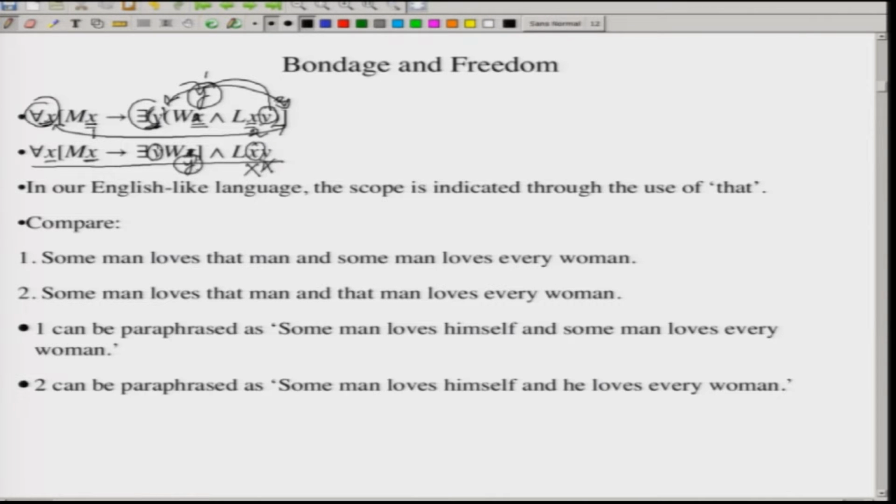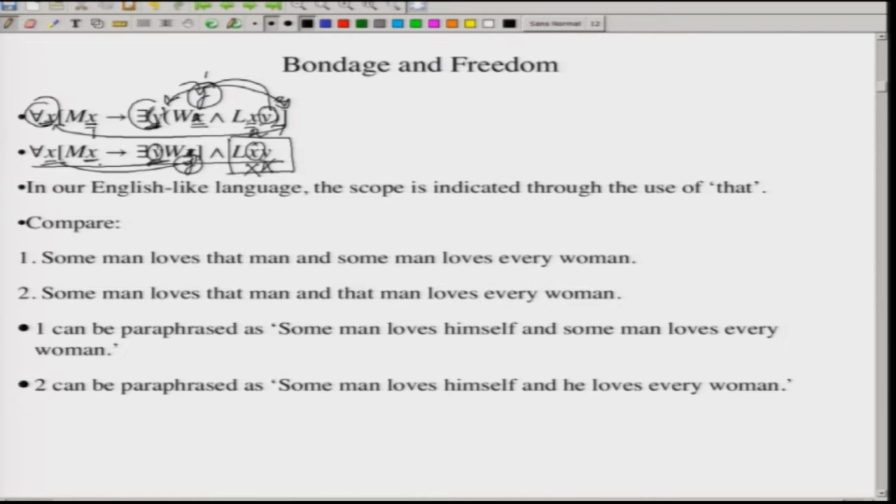It is because the bracket is from here to there, so it is outside the bracket. Because this part is outside the bracket, it is not bound by these quantifiers. So, we understand that as far as the artificial language is concerned, the scope of a quantifier is shown through bracketing.